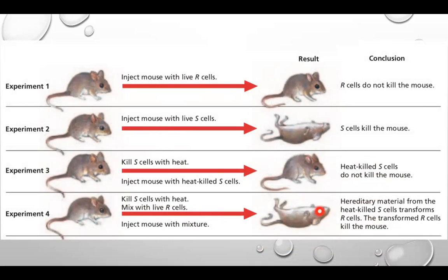So he concluded that hereditary material from the S cells transformed the R cells into a virulent strain, or a pneumonia-causing strain. And the R cells, even though they were harmless up here, became deadly when mixed with the heat-killed S cells. That process is called transformation.